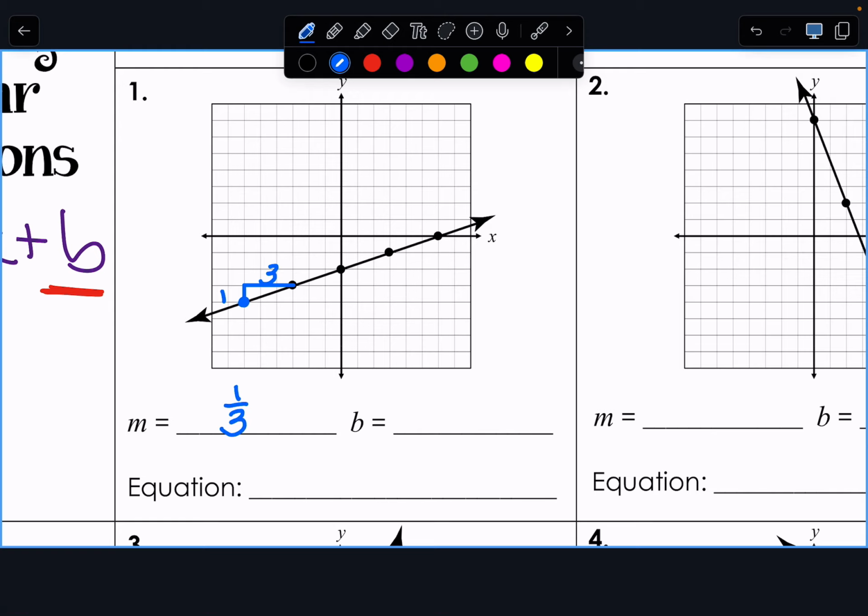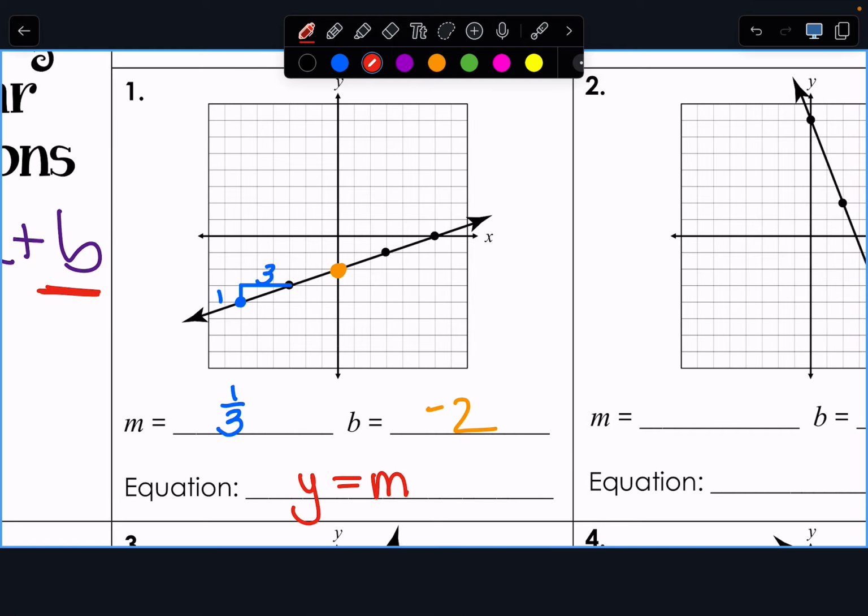Where on the y-axis is it catching the line? Right here. Our y-intercept is -2. Okay. So we are now going to write y equals mx plus b, but instead of m, we're going to write the slope of 1/3, and instead of plus b, we're going to write our y-intercept of -2.